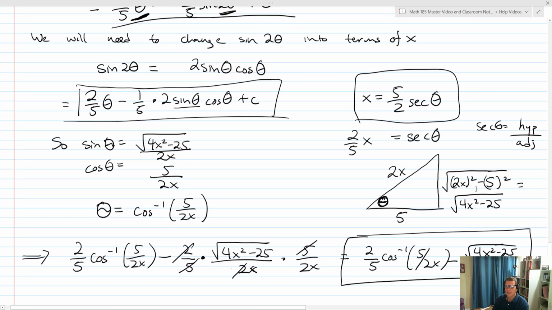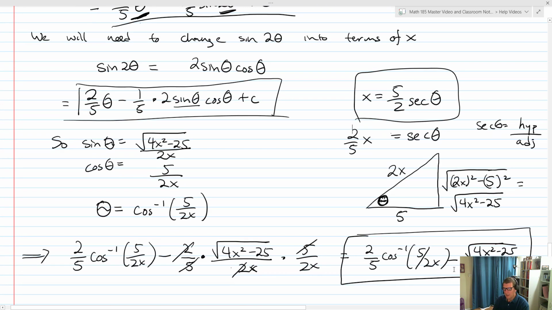From there, you figure out what sine theta is so you can substitute, figure out what cosine theta is so you can substitute, and in this case we needed a theta, so we used our value for cosine theta to find the value for theta. We substituted all those in, and that ended up giving us our solution after some simplification.